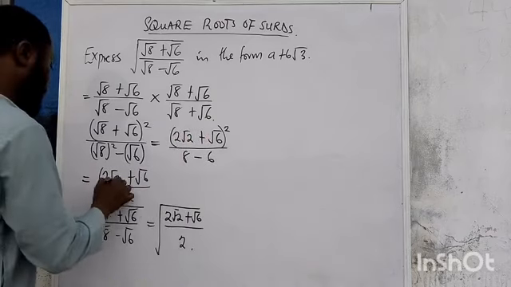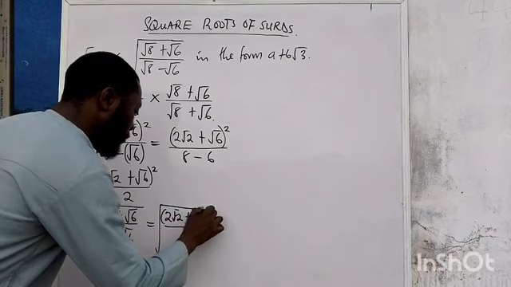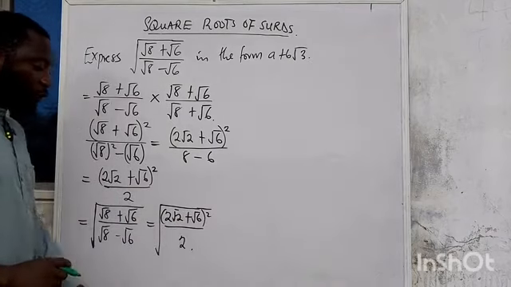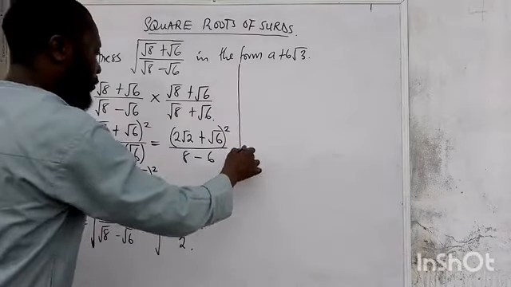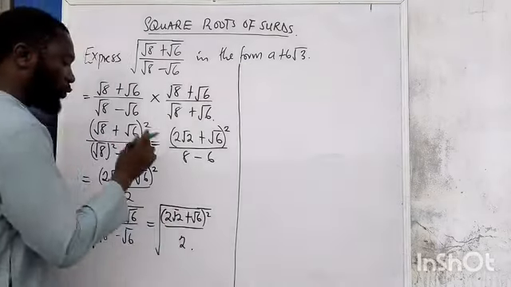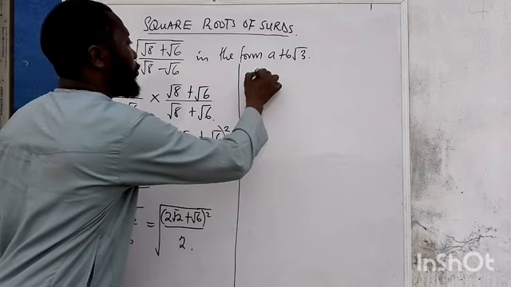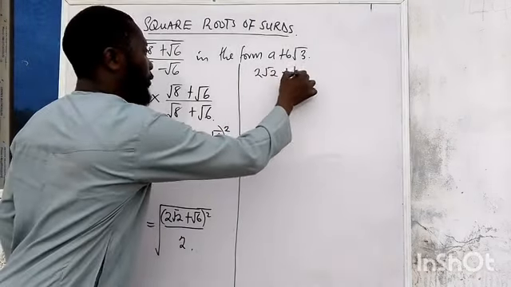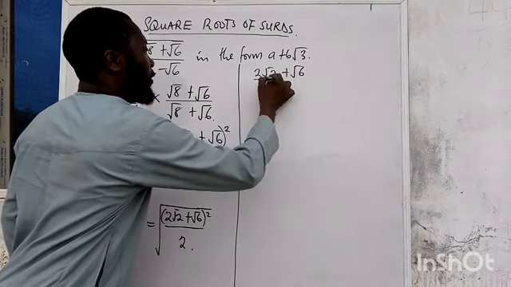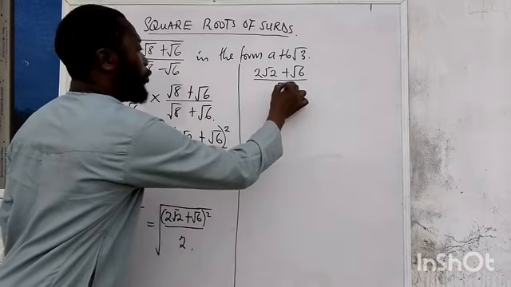Now I can simplify further. There is a square here, and when we take the square root of what we have here, the square removes the square root. So it becomes 2 root 2 plus square root of 6 divided by square root of 2.